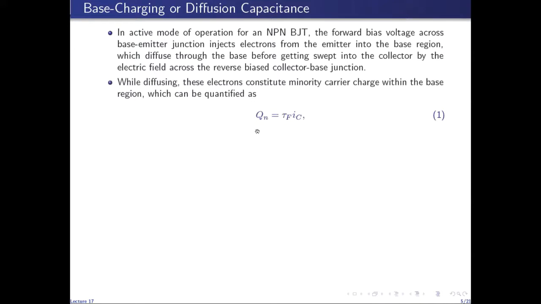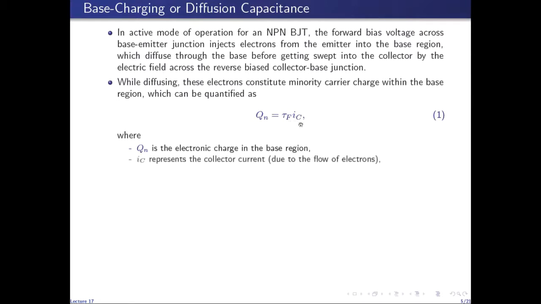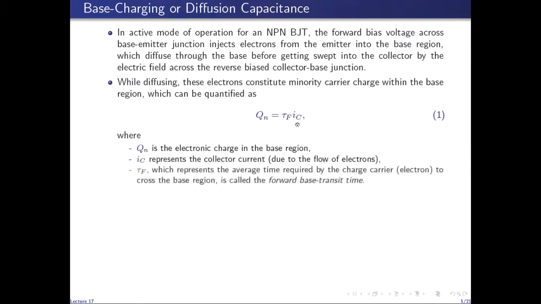And this charge, which is denoted here by Qn, can be quantified in terms of the collector current, IC, and tau f, which is called the forward base transit time. It represents the average time required by the electrons to cross, or diffuse through, the base region. So during this time, the base is said to hold this electronic charge Qn, which is given by this relation.